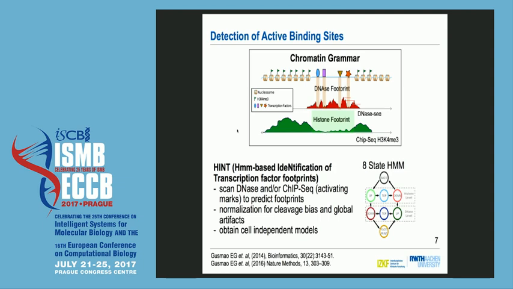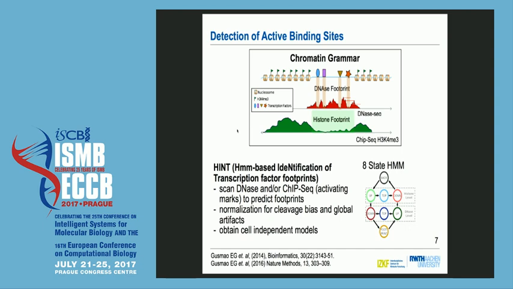We proposed a method called HINT. It's a hidden Markov model-based method to which you can give either the DNase, the histone signal, or both, and out of this we try to predict either the large histone footprints or the small DNase footprints. There is a great deal of computation involved in this, and I'm going to show a few parts.